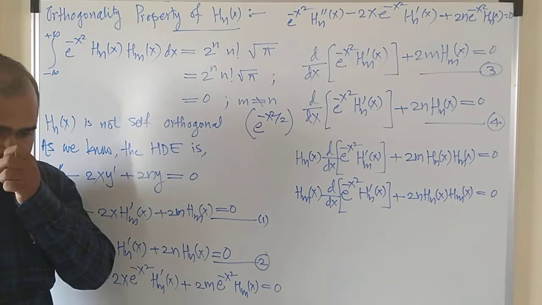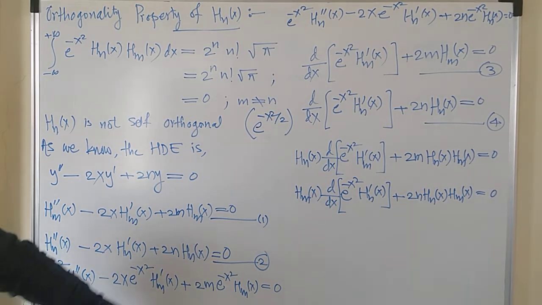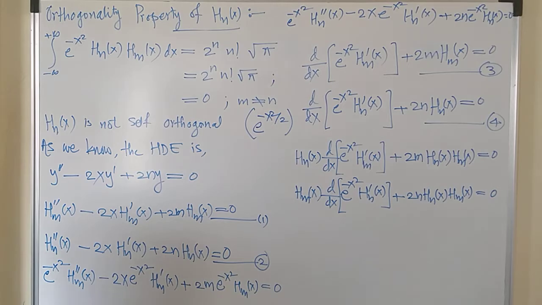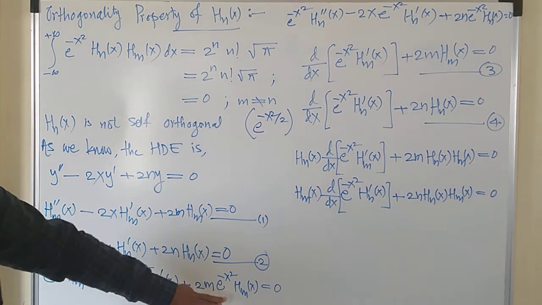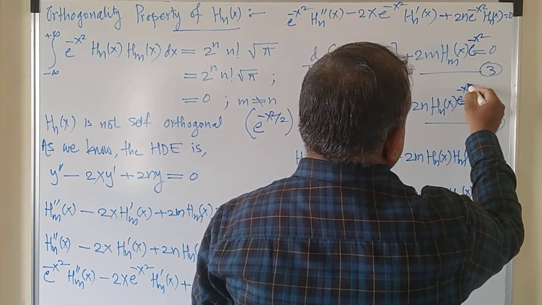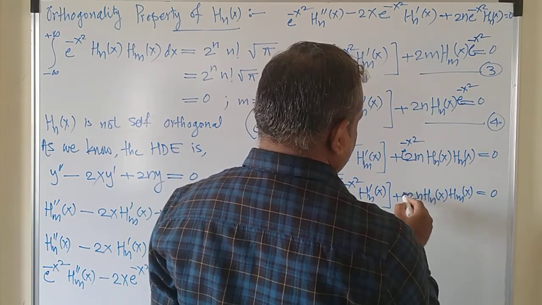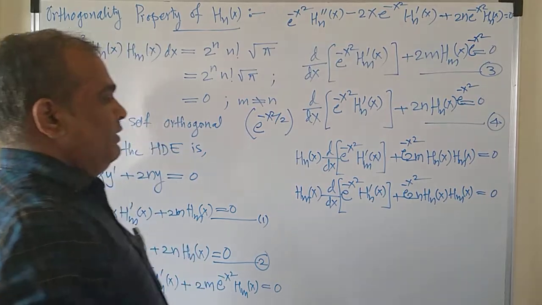So we got this kind of relation, and now multiply both equations by e raised to minus x square. No, it is already there, e raised to minus x square. We forgot this, no, here you must have e raised to minus x square, and here also you must have e raised to minus x square. We forgot to write this term here actually, right?